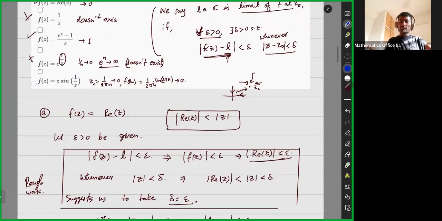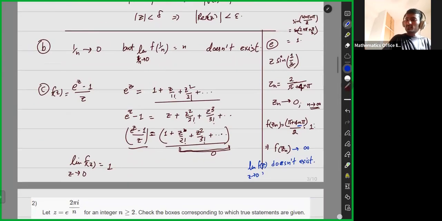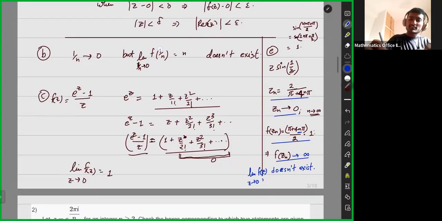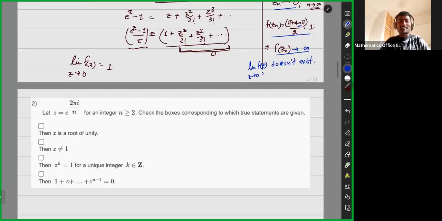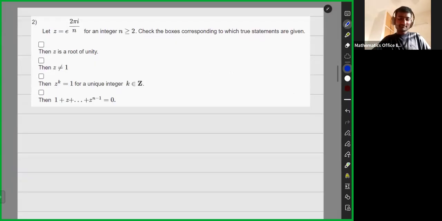So we found two sequences: one which goes to 0 and f of zn goes to 0, but another sequence, which goes to 0 clearly, but f of zn goes to infinity. This means the limit does not exist. So this part is also almost clear, I think. If you don't understand, you can ask me. Now maybe we are friends. Okay, so let's see the next question.